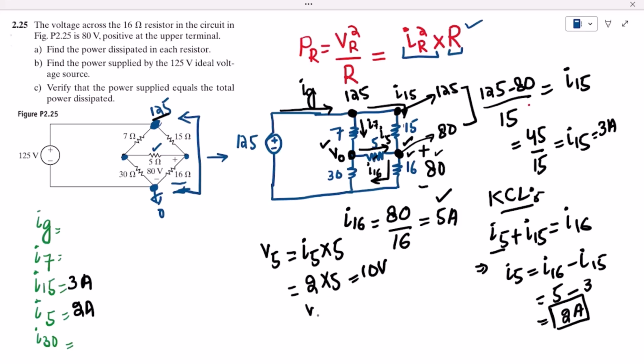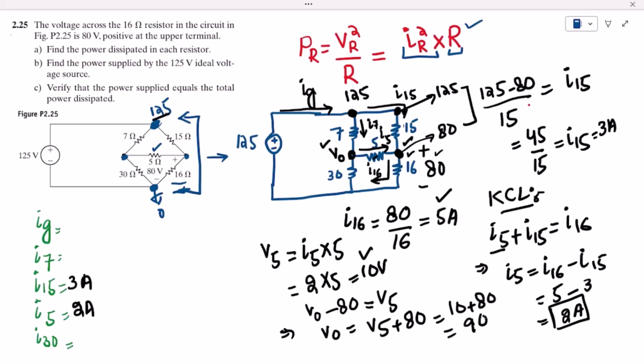Therefore V0 minus 80, which is the voltage remaining here, this is the applied voltage, is equal to the voltage which is consumed. So if we want to find out the value of V0, it will be V5 plus 80. The value of V5 is 10 plus 80, that is 90. So the value of voltage at this point is 90.